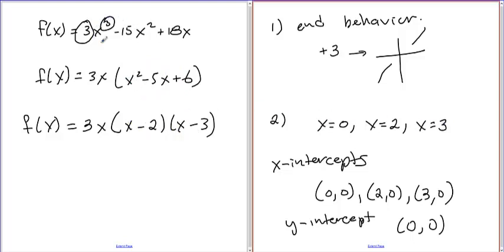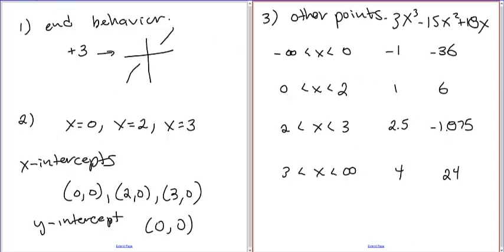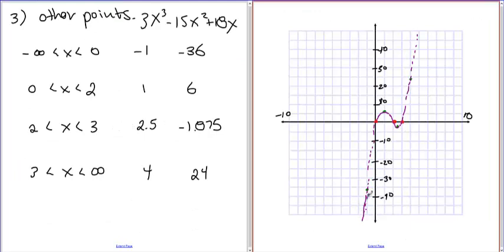Plugging x equals 0 in here gave us the y-intercept. The end behavior says it started down here, so it comes from this direction, which is pretty obvious once you put these points in. And the end behavior on this side goes up this way. And then we picked 4 other points that were not too far from the zeros, because if you go too far from the zeros, you're going to be way off scale, and it's going to be hard to plot the stuff.